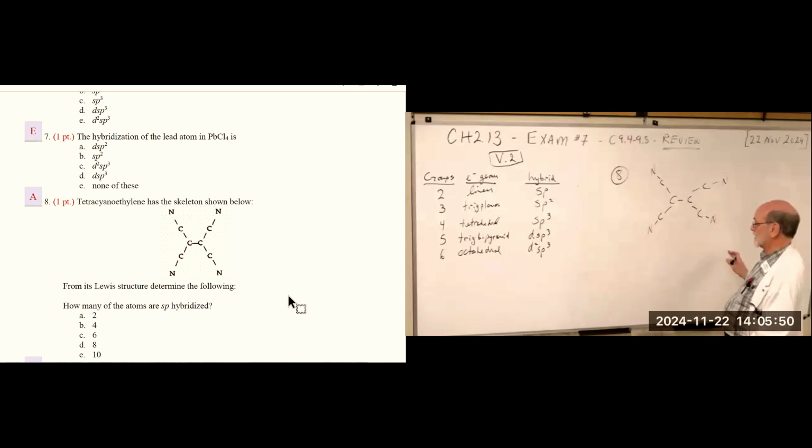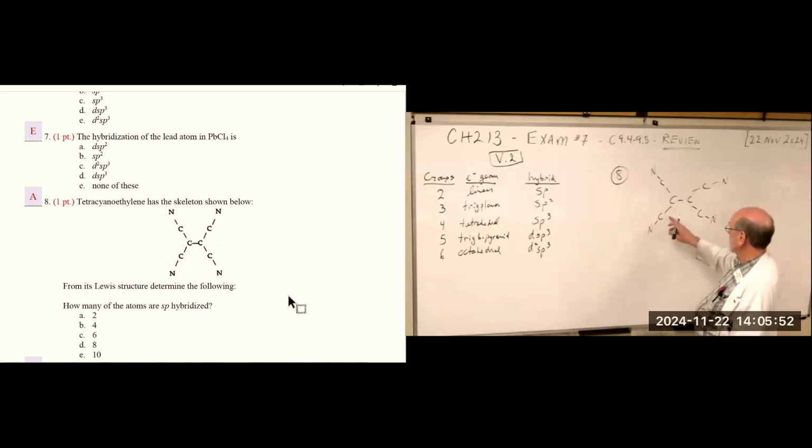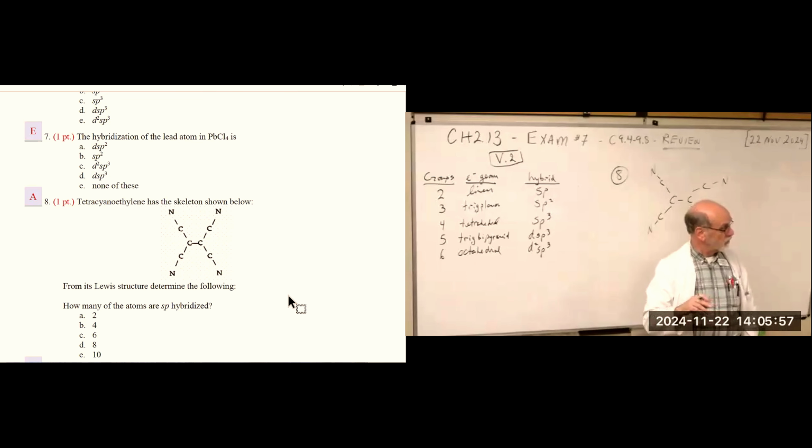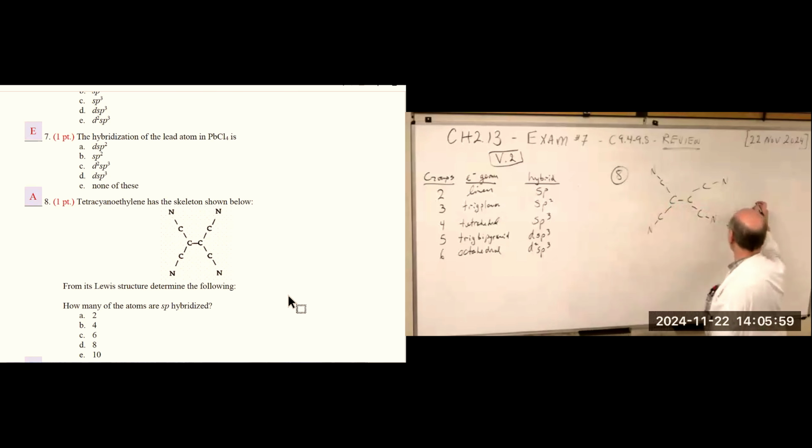We weren't given any hydrogens. So 6 times 4 valence for carbon is 24, and 4 times 5 is 20. So we have 44 electrons. We've used up 18, so we have 26 electrons left.